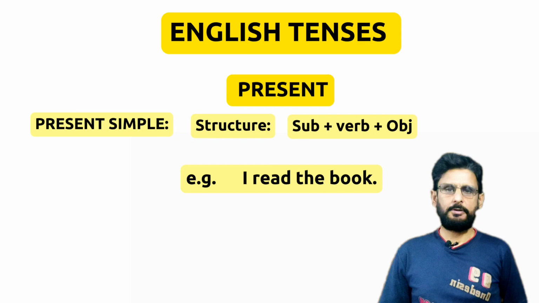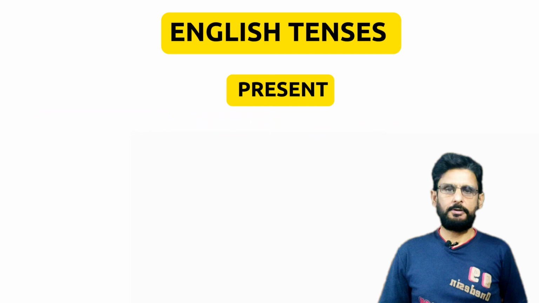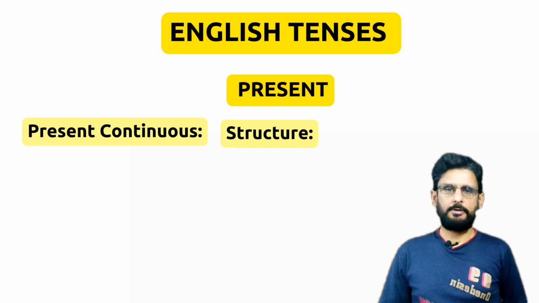Next important tense that is there in present tense is present continuous tense. First of all, we are going to discuss the structure of it. In the structure, there is subject, then there is helping verb in the form of is, am, are. Then after that, we have present participle. Present participle means ing form of the verb.